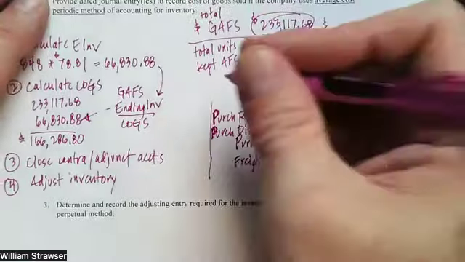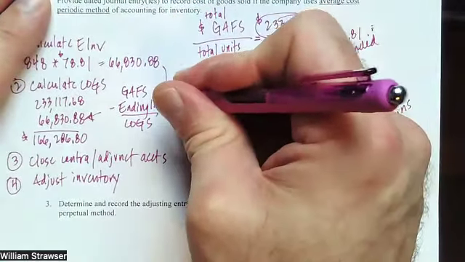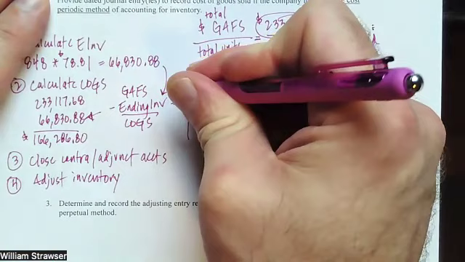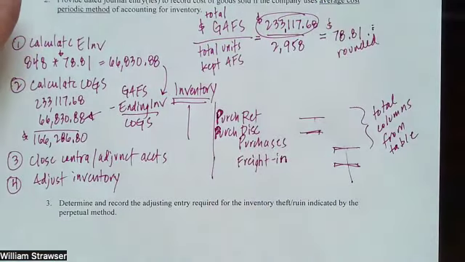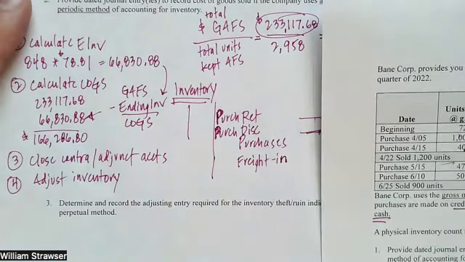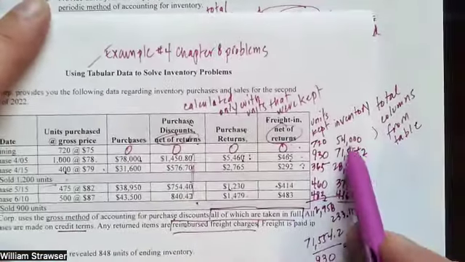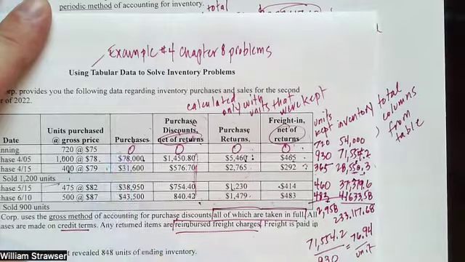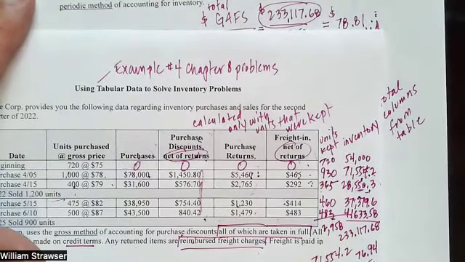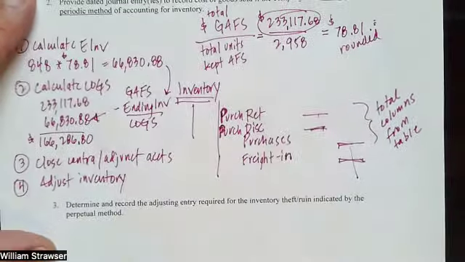So make a little T account. I know that if I'm doing the periodic system, inventory did not change over time. In fact, this 54,000 that was the 720 times 75 is my beginning balance in that account.